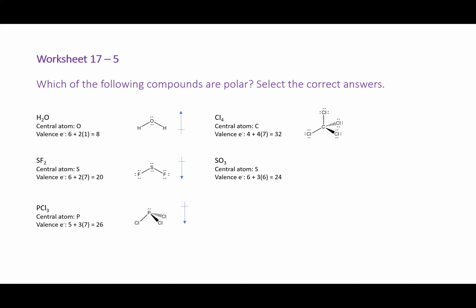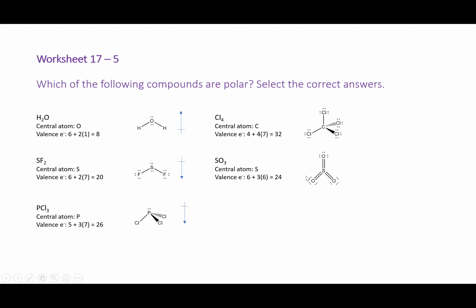So looking at SO3, our central atom is the S. We will have to draw a molecule like this. It's going to have a trigonal planar geometry in order to fulfill the octet rule for the oxygens. So taking a look at this, because sulfur is less electronegative compared to the oxygens, the arrows are going to be pointed towards the oxygens.